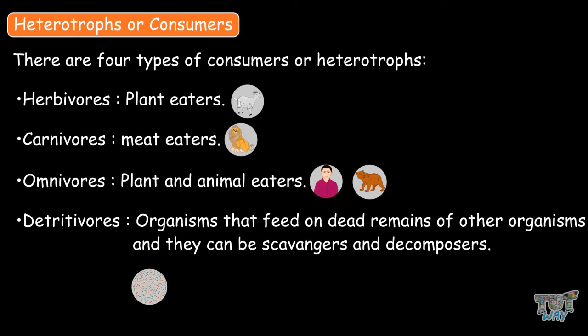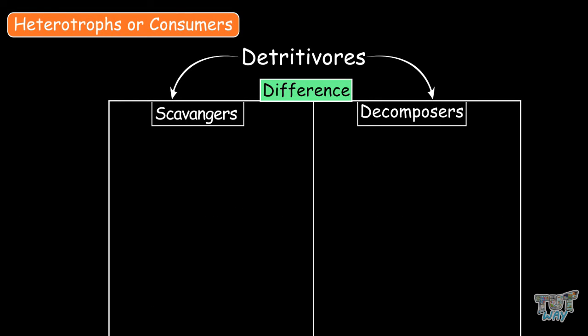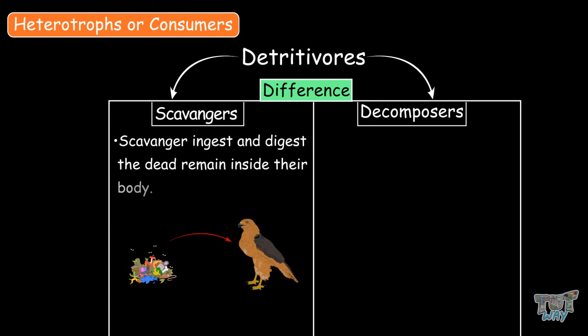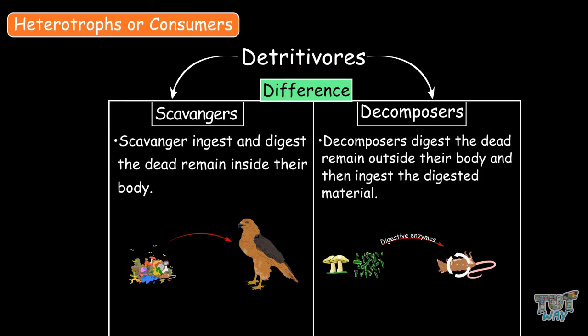And they can be of 2 types, scavengers or decomposers. The main difference between scavengers and decomposers is that scavengers ingest and digest the dead remains inside of their body, and decomposers digest the dead remains outside their body and then ingest the digested material.